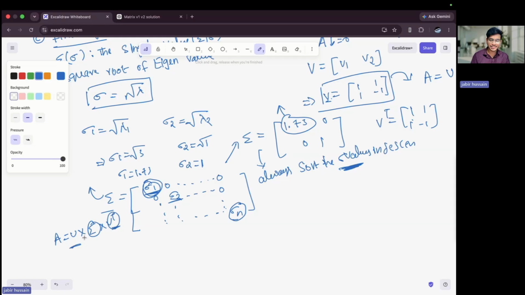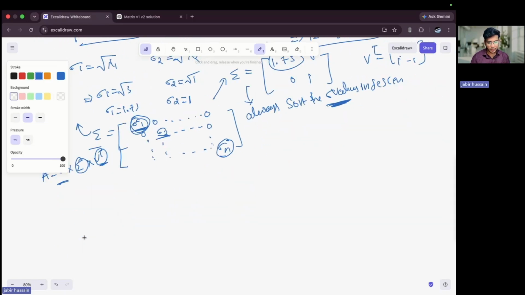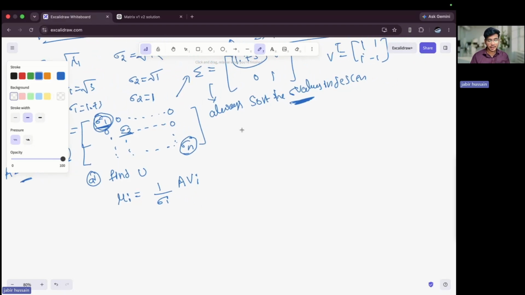Now the last piece is U. To find U, there is a direct formula: U of i is equal to 1 divided by sigma i times A v i. If you put the values directly, you can get the matrix. So our U would be U of 1, U of 2, up to U of n.